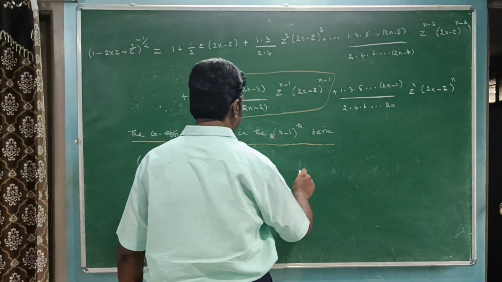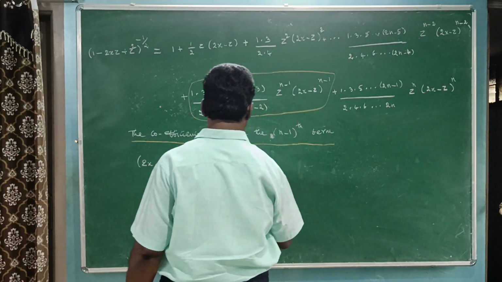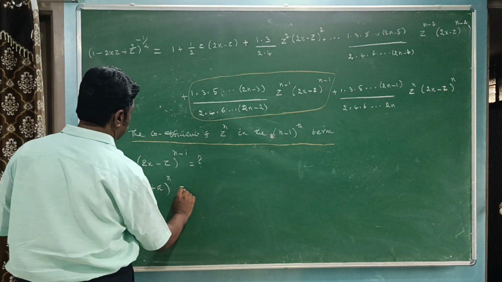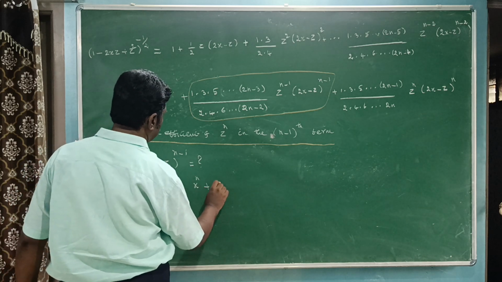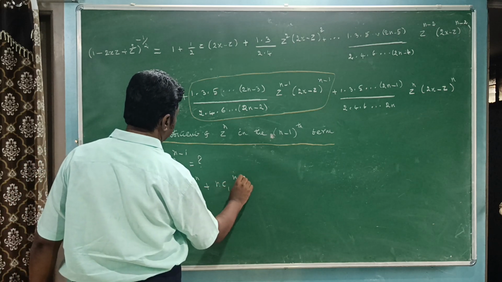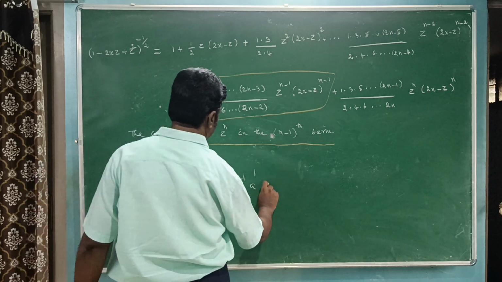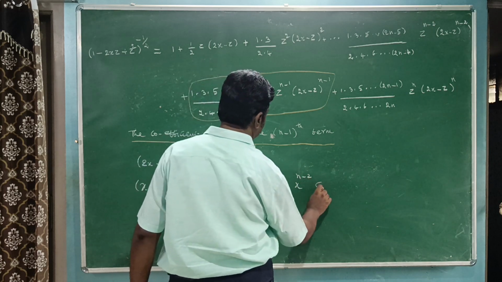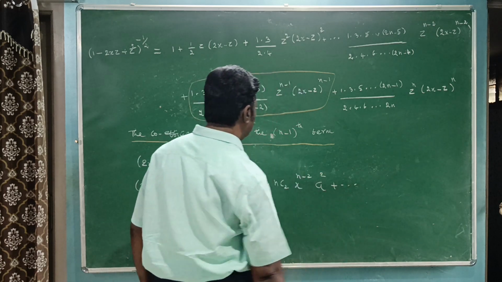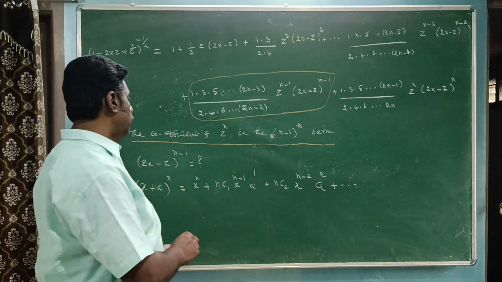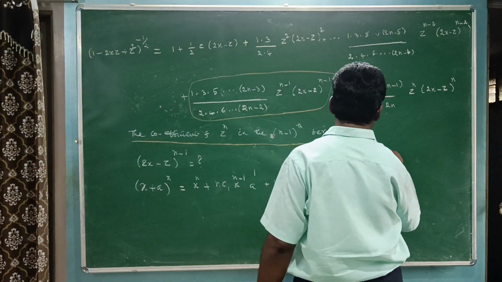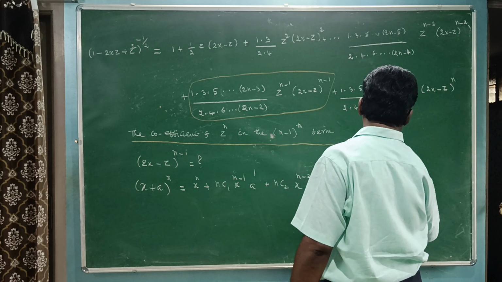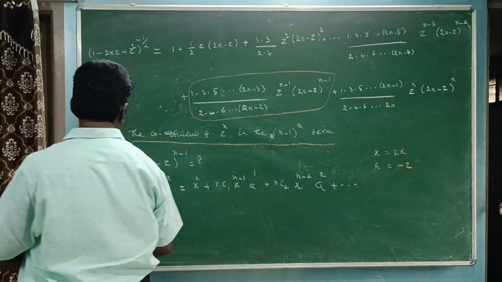Further, we have to use the formula x plus a whole power n equal to x power n plus nC1 x power n minus 1 a power 1 plus nC2 x power n minus 2 a square and so on. This formula we have to use. Here x equals 2x, a equals minus z. Now expand this.